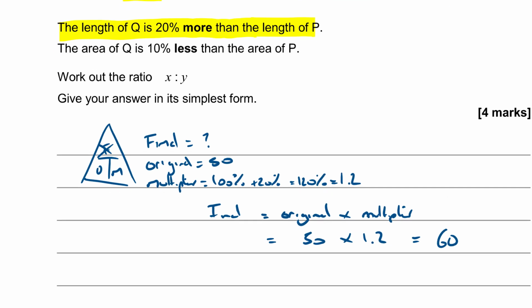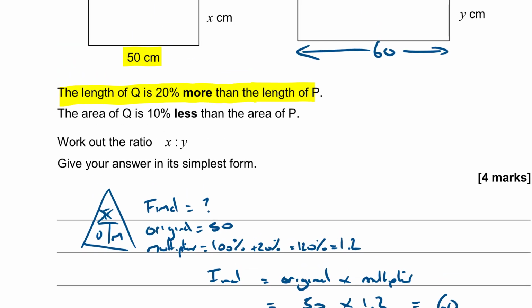It says the area of Q is 10% less than the area of P. Well, the area of P is 50 times x, which is 50x, and the area of Q is 60y.